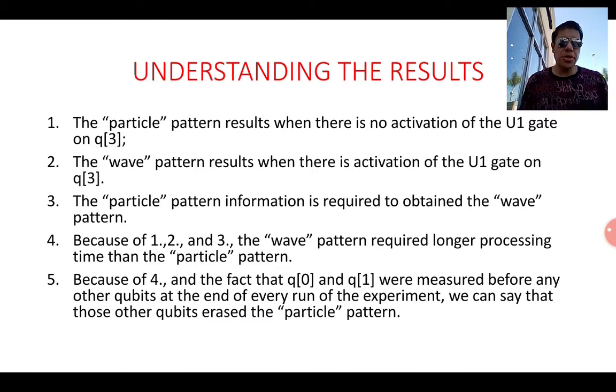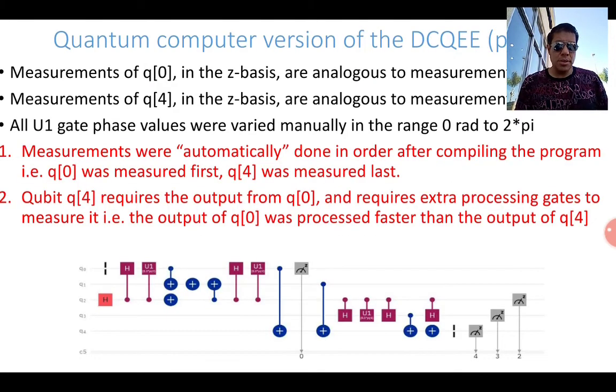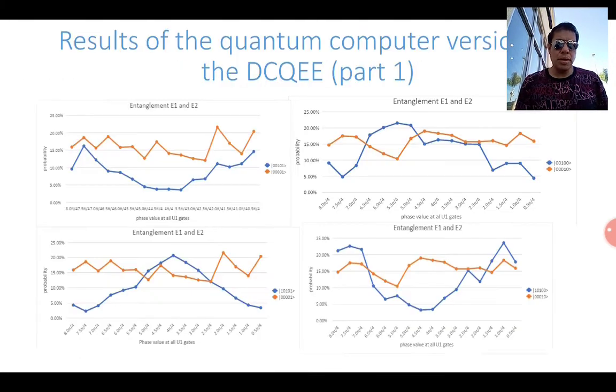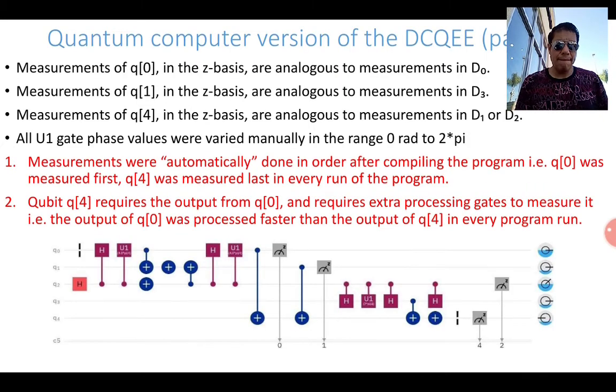Okay, understanding the results. Number 1, the particle pattern results when there is no activation of the U1 gate on Q3. Okay, the wave pattern results when there is activation of the U1 gate on Q3. So let's go back to the program right here.